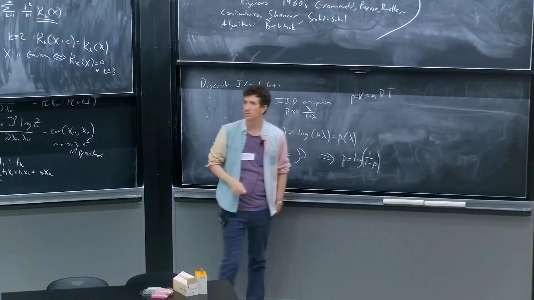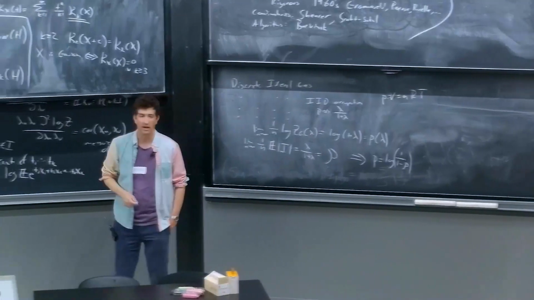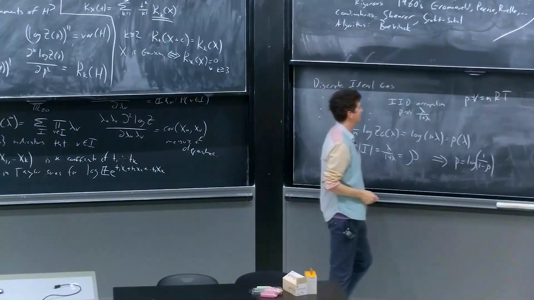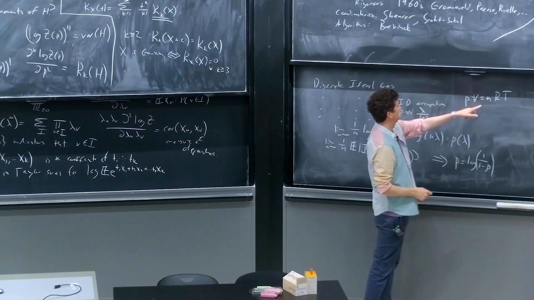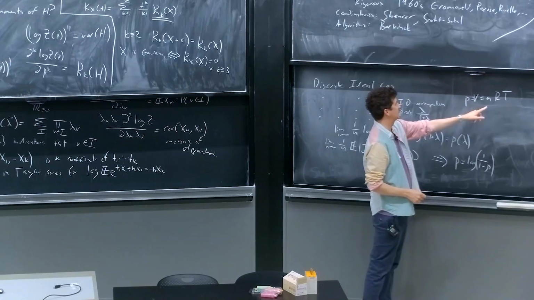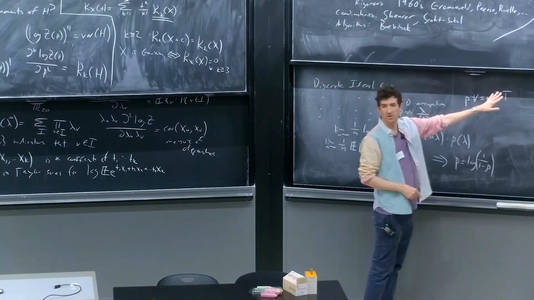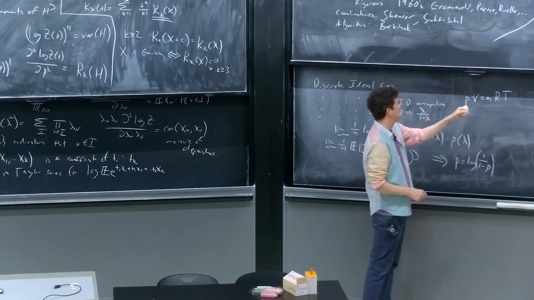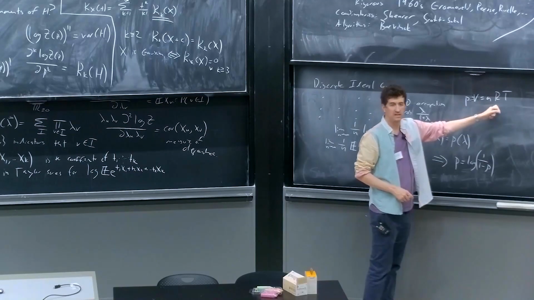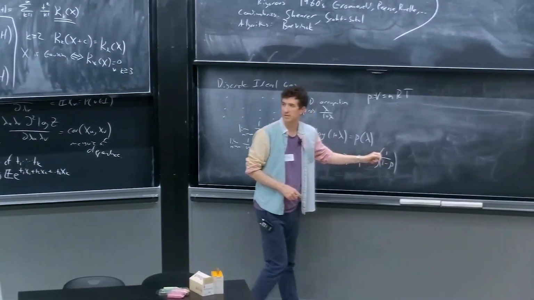So maybe you remember that from high school, right? N over V, that's the density. Temperature we don't have in this, R is a constant, and so you get pressure equals density. And to first order, this is what this is.